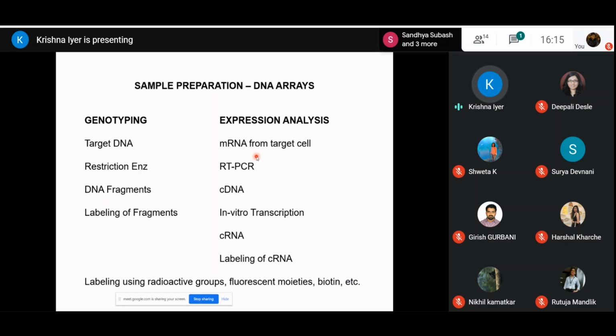Then you use this DNA as a target to find out how it is changing, and when it is changing, it will reflect the mRNA which you have obtained from the cell. But before I use that copy DNA or copy RNA for my testing, I again will label it.